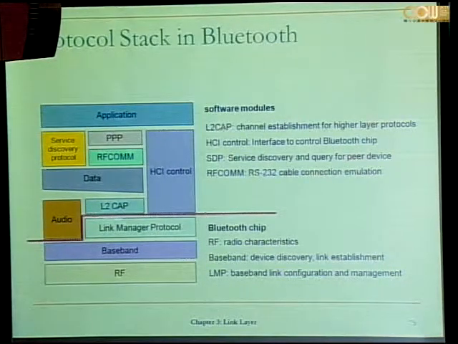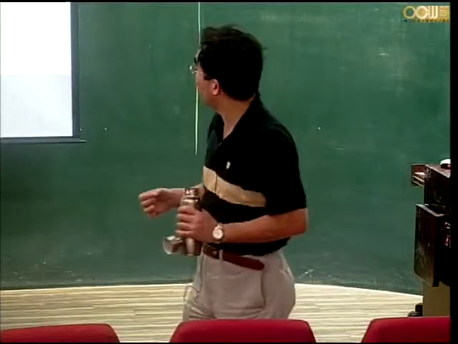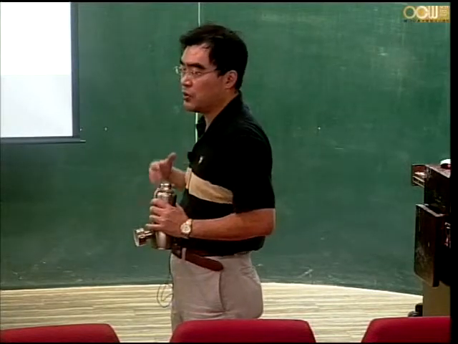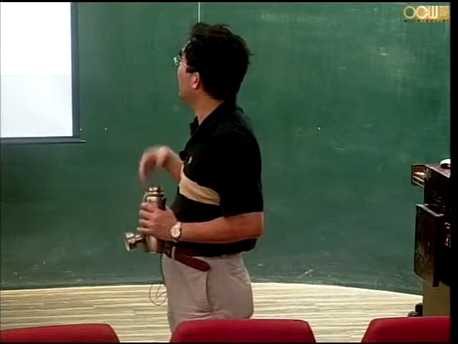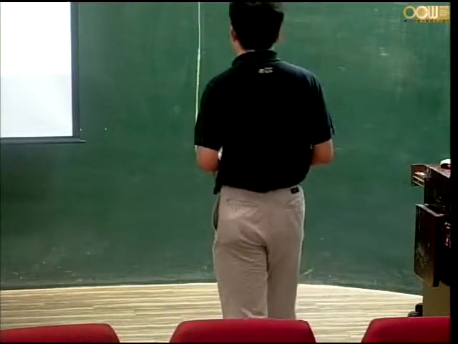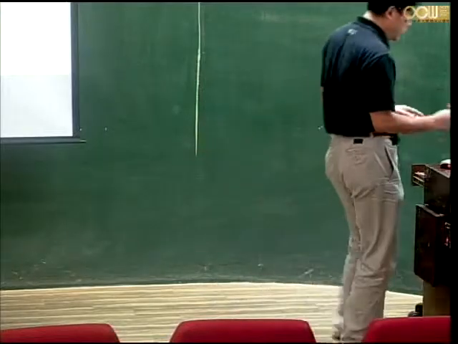The reason it is a little bit complicated is because it basically follows the RS-232 protocol stack. It essentially just wants to replace the wire, so it follows the original protocol stack and turns it into the Bluetooth stack.